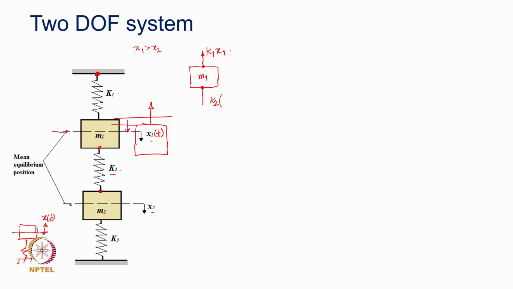So, with the assumption that x1 is greater than x2, that means this motion is higher than this motion, which means that the spring is going to be under compression. When the spring is under compression, it is going to restore its original unstretched position, that is going to push the mass upwards. Okay.